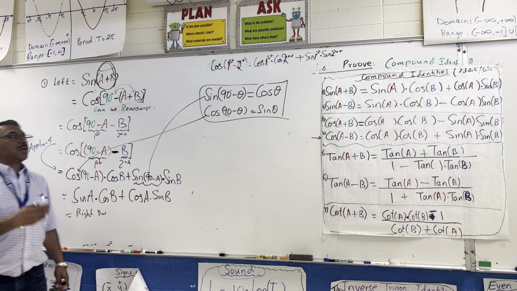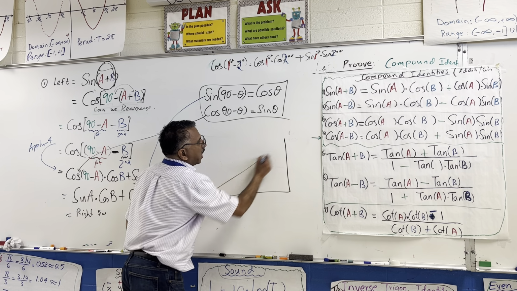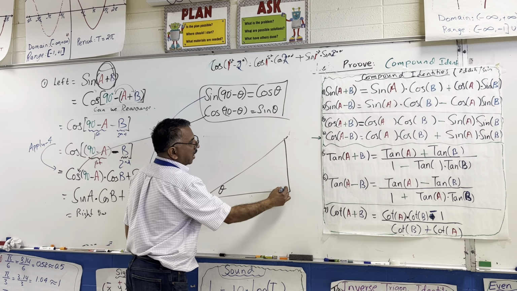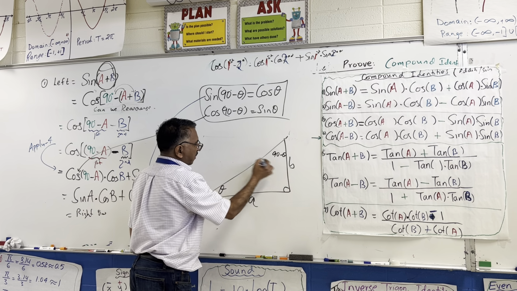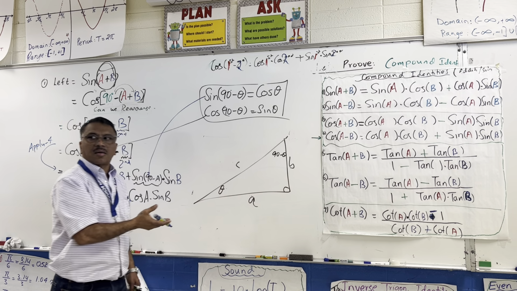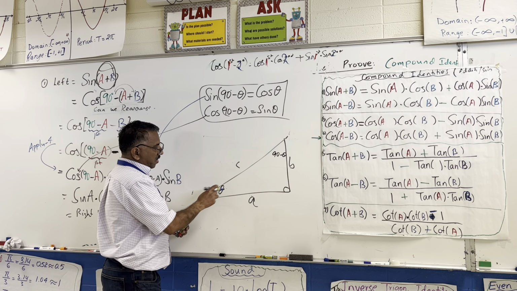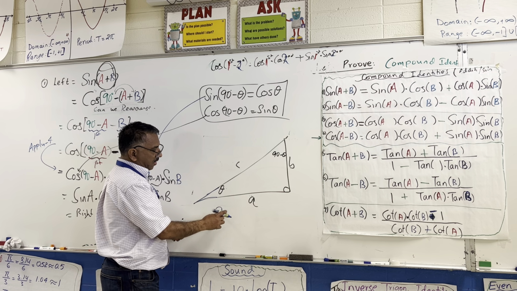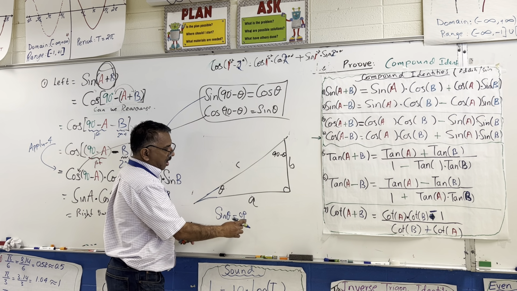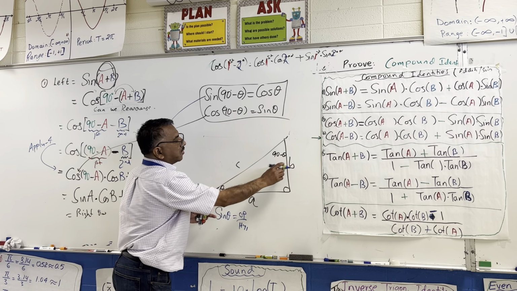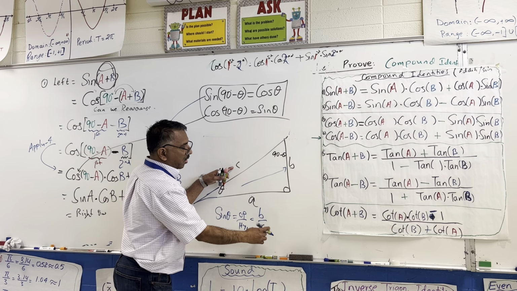So your question is, how did we get this? Remember we did this, if this was theta, this is 90, this is 90 minus theta. I can call this A, B, and C. You can always check this out. For those of you who forget, if this is the main angle theta, sine theta is opposite over hypotenuse, and you can see across is B, that's the opposite, and this is the hypotenuse, right?